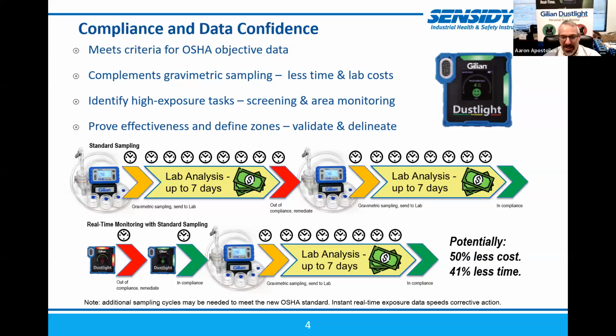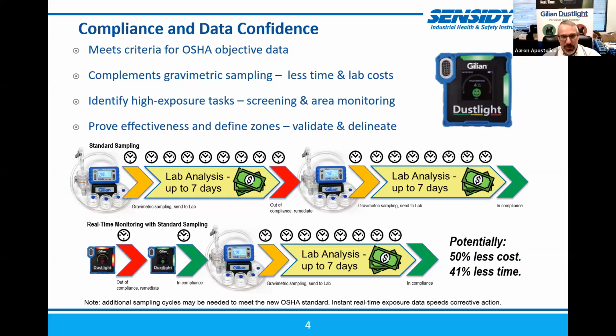If I want to delineate maybe a safe distance away from a source, I can use the Gilian Dustlight to effectively delineate that zone, and then validate that beyond this zone, my results are below my threshold levels. So the Gilian Dustlight, again, has this capability.